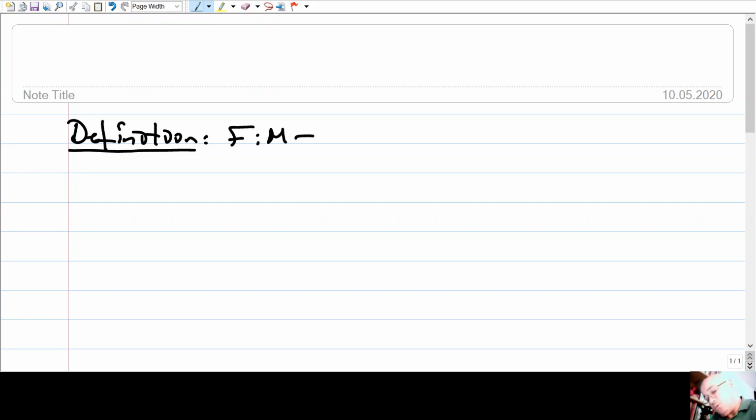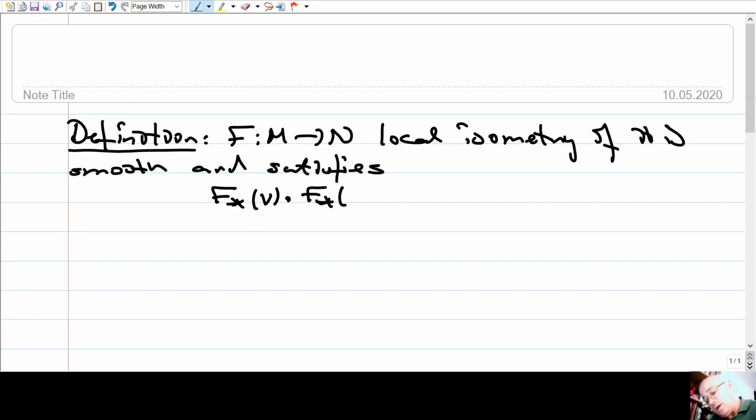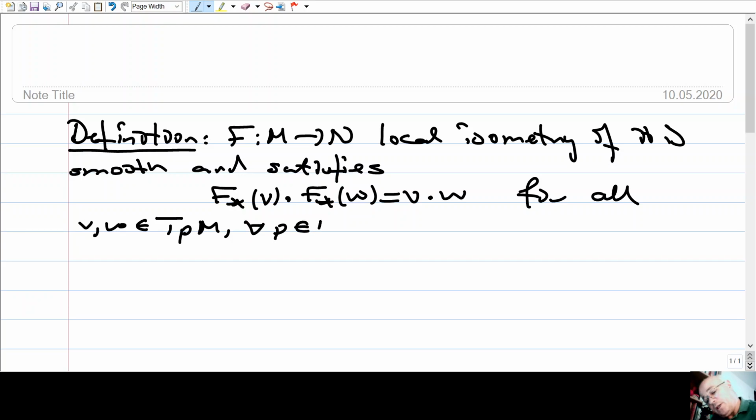A map f from M to N is a local isometry if it is smooth, of course, and satisfies f star u dot f star w equals u dot w for all v, w in T_p M, for all p in M. So if f is a smooth map that preserves the inner product, then we call it a local isometry.